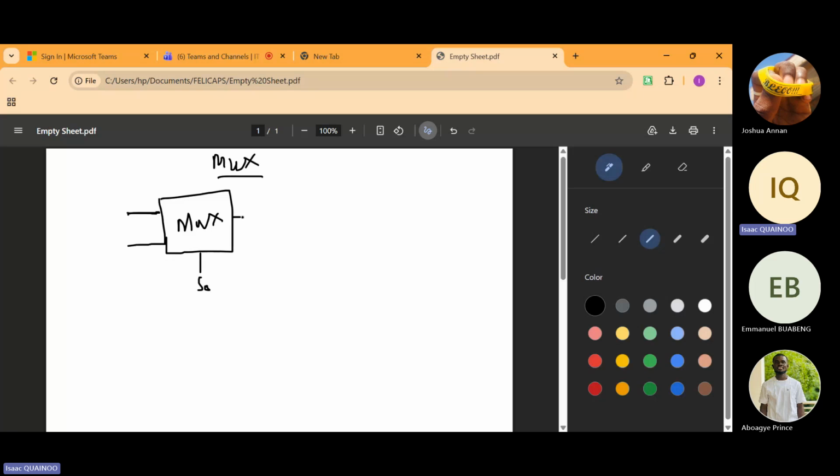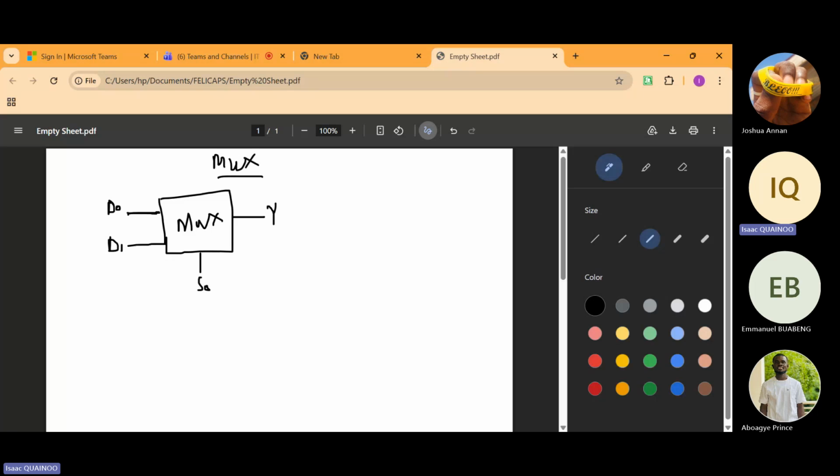And then it has one output, let's call it Y. Our first input, let's call it D0, which is data line 0. And the second, let's call it D1, which is data line 1.